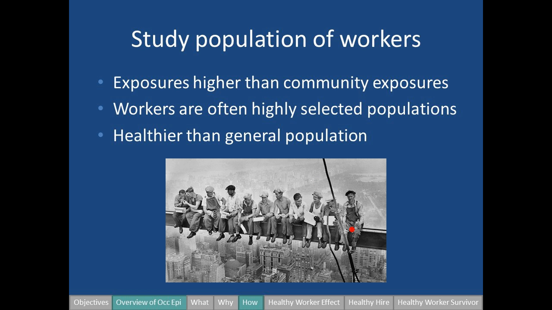Workers on the Empire State Building in New York. Now these men here, there's some selection going on. They are likely not representative of all men in New York at that time. There's something different about them. So we're going to get back to this point when we talk about the healthy worker effect, but I just wanted to point it out now.